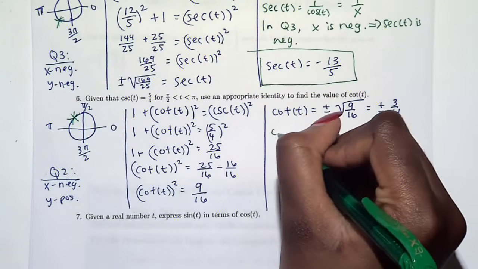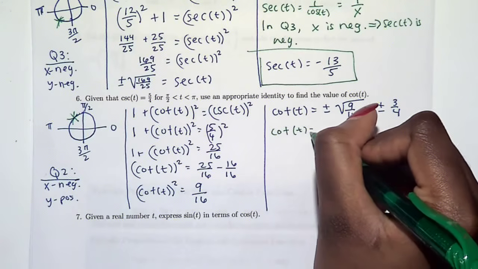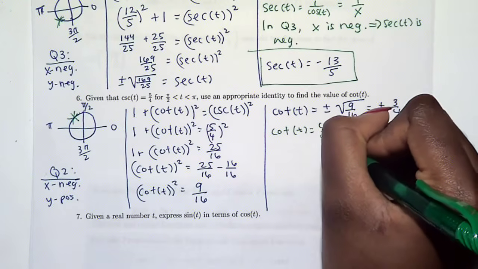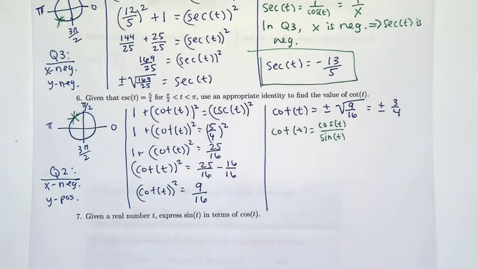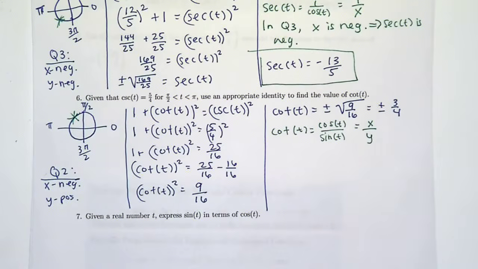Let's write cotangent in terms of what it is. Remember, cotangent is cosine over sine. Cosine is x, sine is y, so cotangent is given by x over y. We have to determine if our answer is positive or negative.